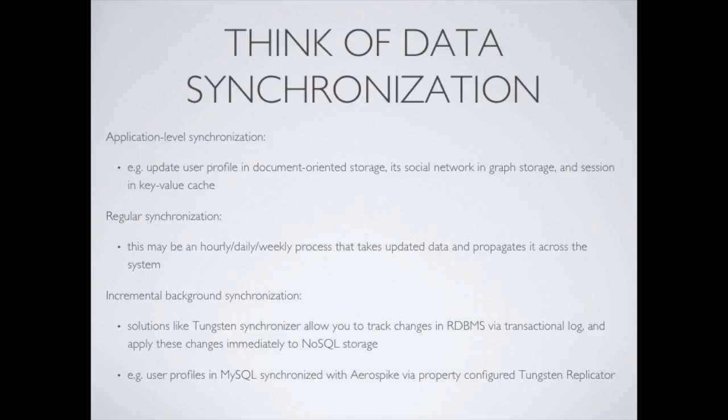The first one is basically application level. In your code, very simple. When you update the data in one storage, you also update data in other storages. Depends on your logic. If you perform an update in MySQL, you also go into MongoDB and update some value there.